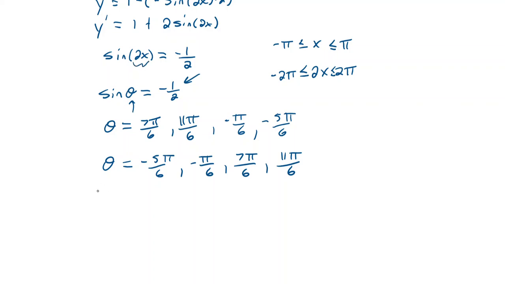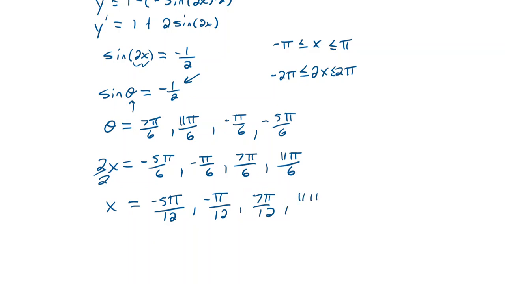So let's rewrite this now: 2x is equal to all of this. If I now divide everything by 2, then x is equal to, the 2 is just being multiplied in the denominator by all these. So I get 5 pi over 6 times 2, so 12, and then negative pi over 12, and they all become 12. Okay, so then 7 pi over 12, 11 pi over 12.